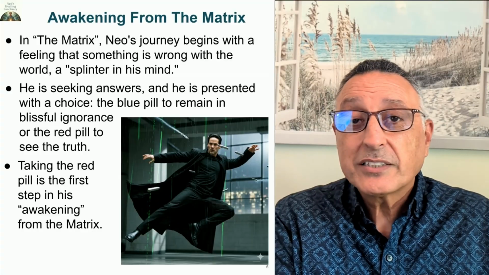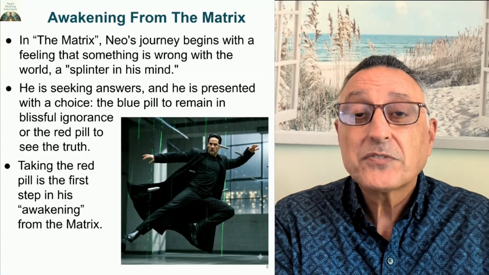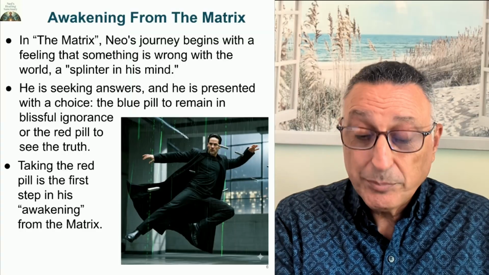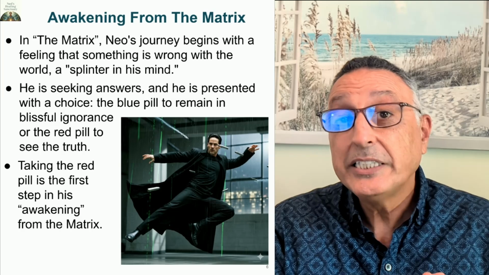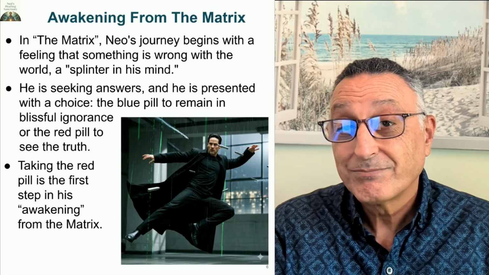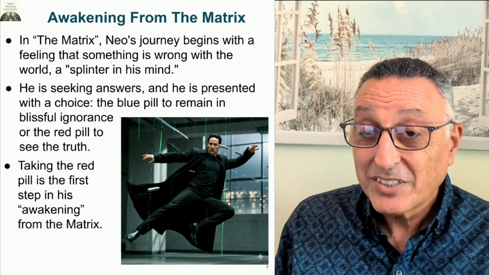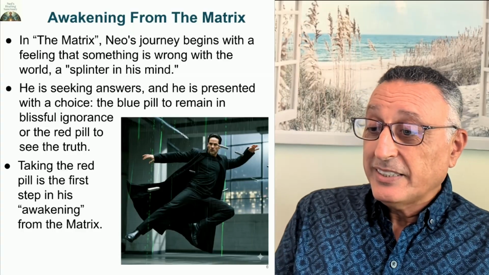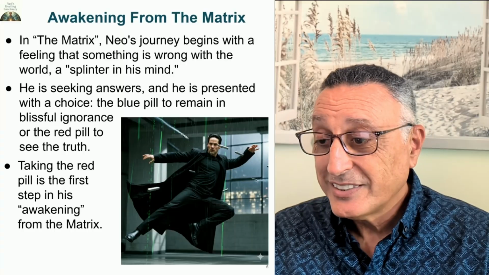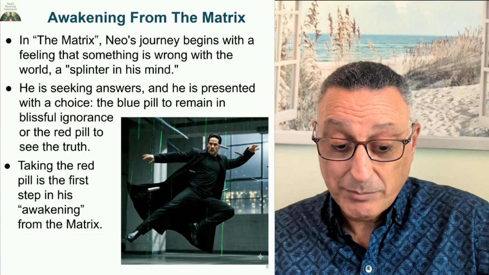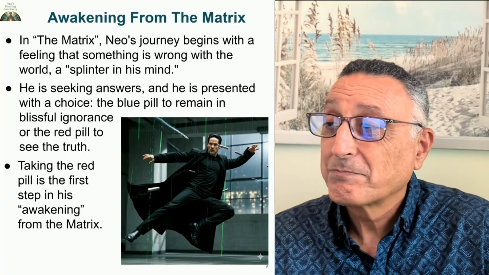You won't ever think that this is fake again. Blissfully unaware. The red pill will allow you to awaken to the reality and leave the matrix eventually. Okay? See the truth. So he decided to take the red pill and awaken, which he did. And that was his first step from the awakening.